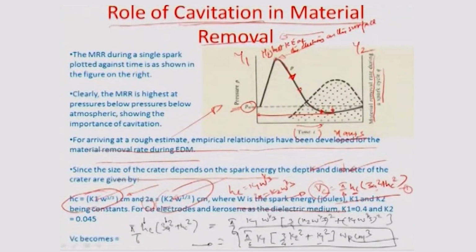So, a rough estimate of the MRR can also be arrived at based on the melting temperature of the material in question. If theta m is the melting temperature, empirically there may have to be a relationship between the material removal rate and that particular temperature.